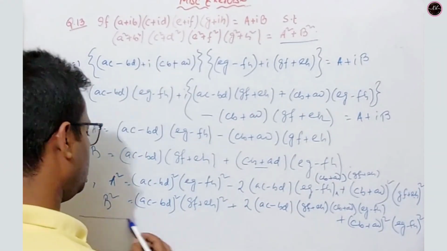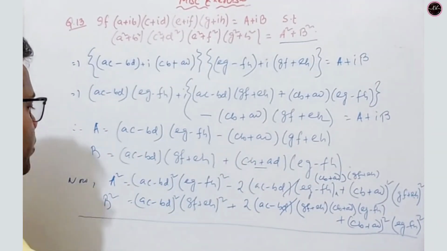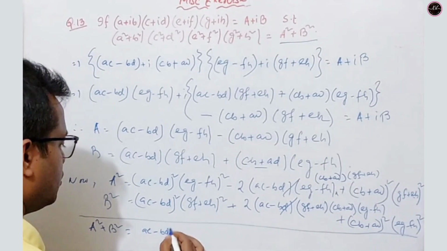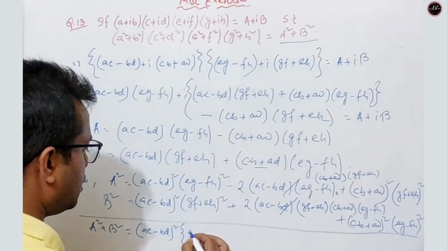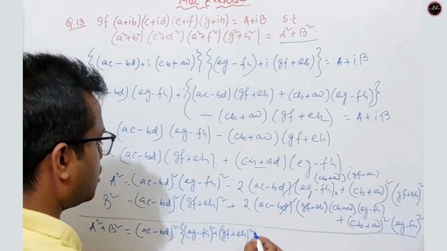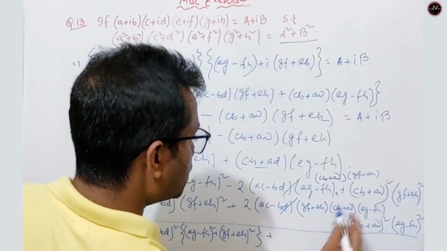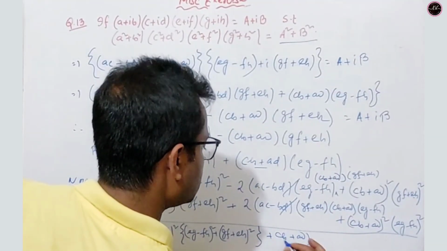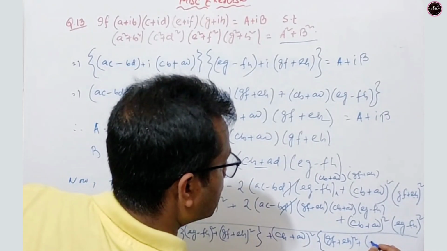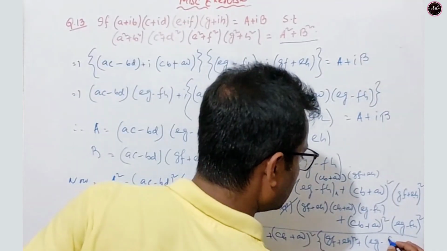Now if we add this, minus 2 plus 2, this part will be cancelled. And here we have only a square plus b square equal to (AC minus BD) whole square. If we take this common, we get (EG minus FH) whole square plus (GF plus EH) whole square. And here if we take common (CB plus AD) whole square, we have (GF plus EH) whole square plus (EG minus FH) whole square.